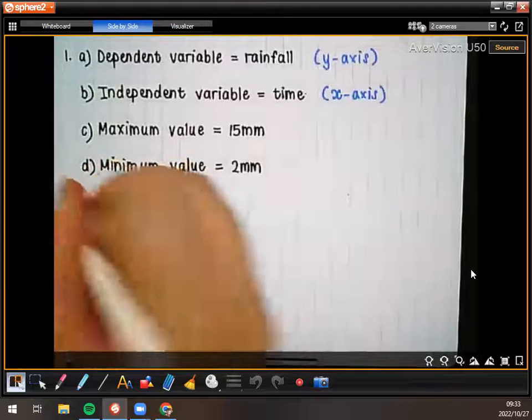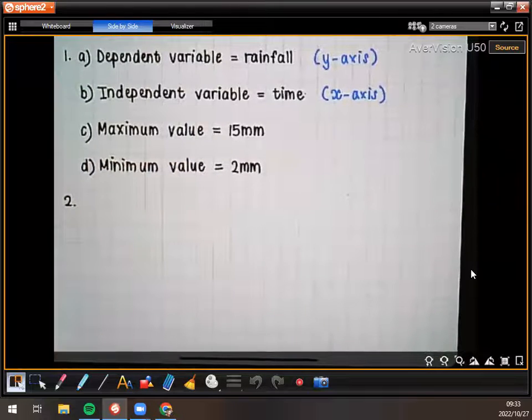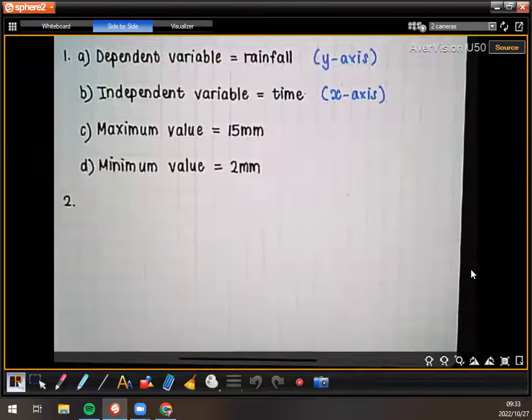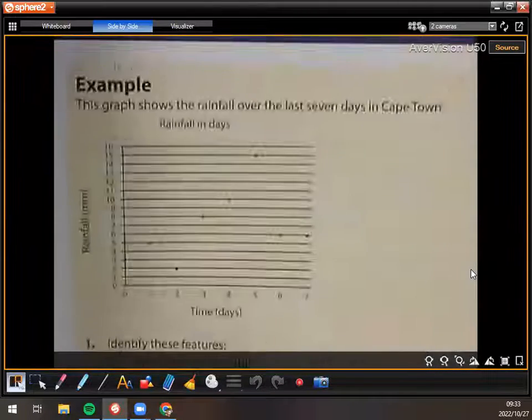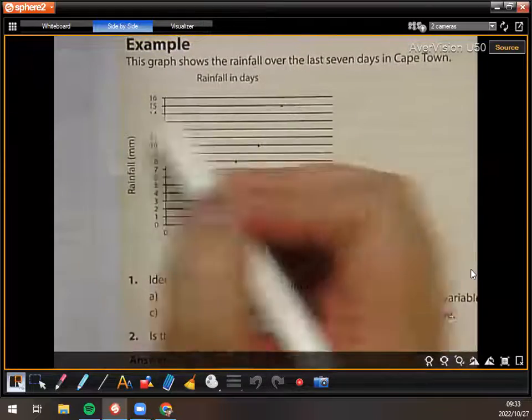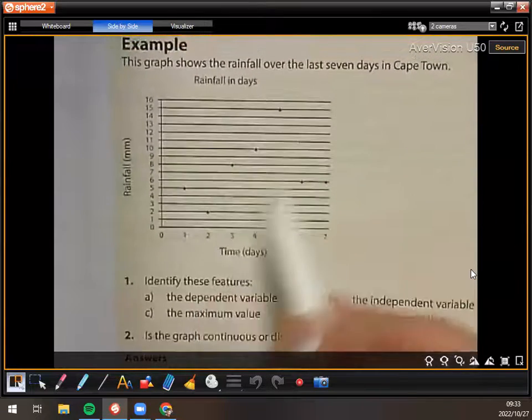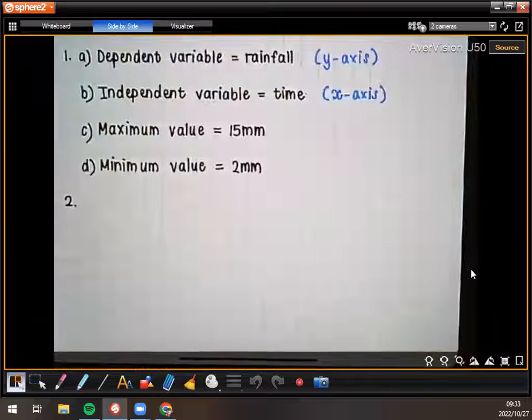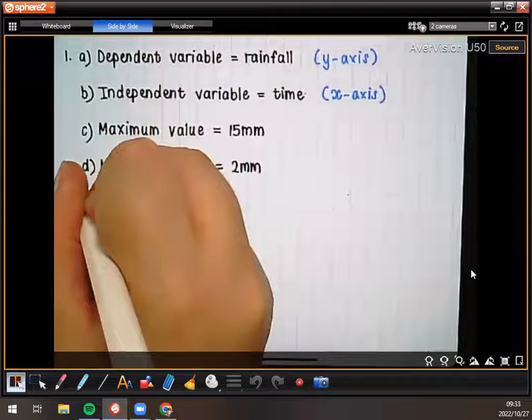And then for question 2, we have actually already discussed this. They're asking, is the graph continuous or discrete? And explain why. All right. So again, if we're just looking at the picture, we can see that we have separate points. They're not joined by a line. So this is discrete. Okay. So we're going to say discrete.